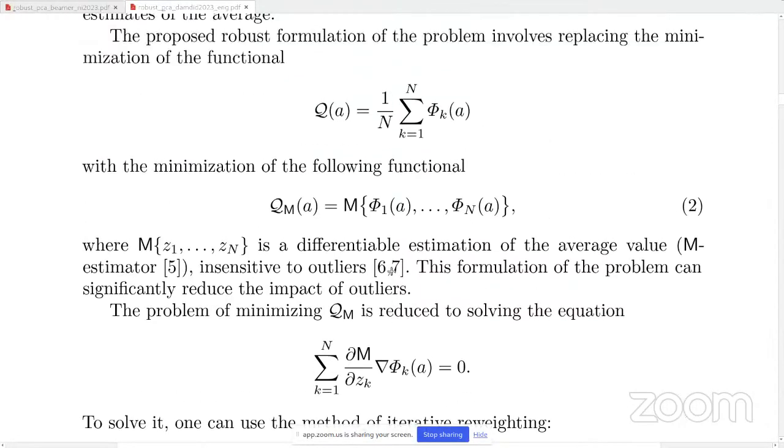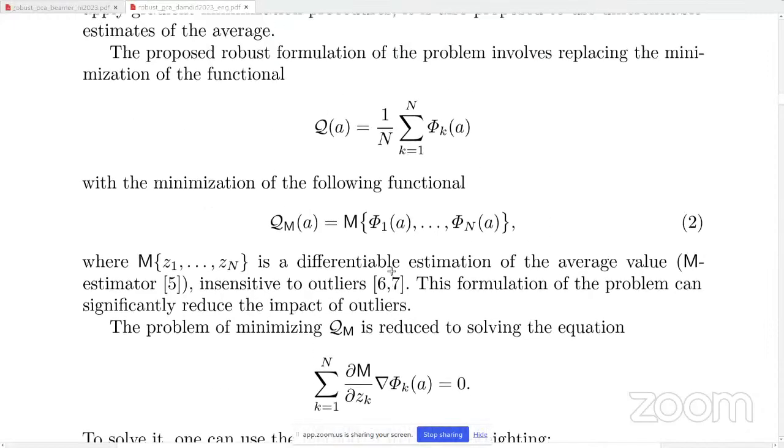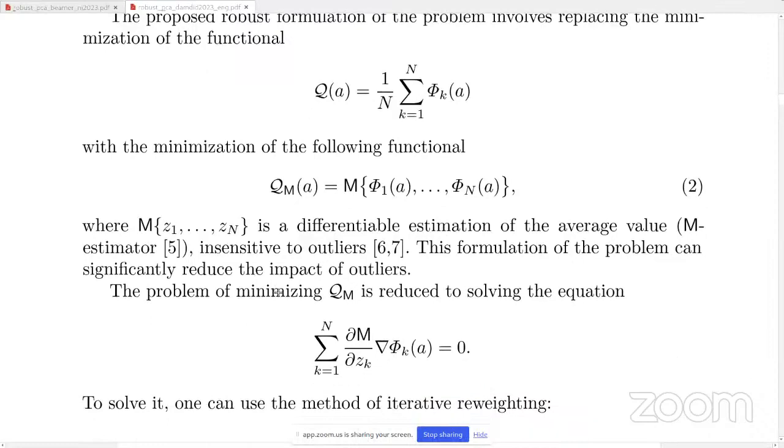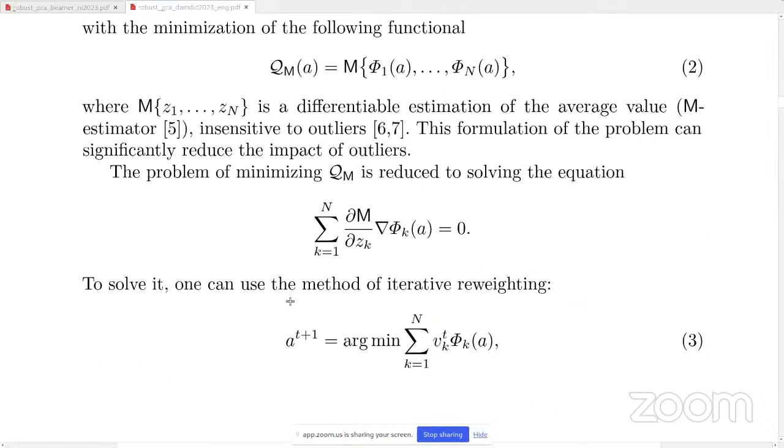If M is a differentiable estimation of average value, and we use such a functional, then the problem of minimizing the functional Q in order to find the parameters A, which will be the center of the points and the vectors for principal components, can be reduced to a sequence of tasks.